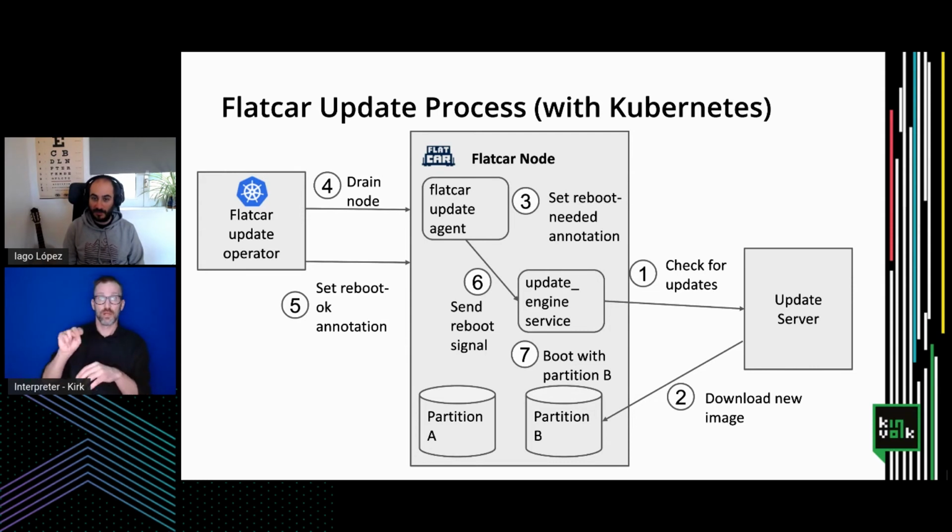Once that node is drained, so no workload is running there and everything is reallocated to other nodes, it sets another annotation on the node saying, hey, you can reboot now, reboot OK. And then the agent running on the node will send the reboot signal to the update engine service, and it will reboot into the new partition. And once the node is up, it's re-added to the cluster, and workloads can be scheduled there again.